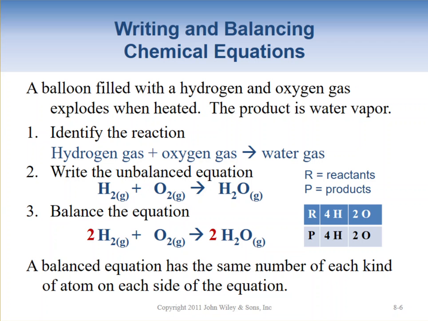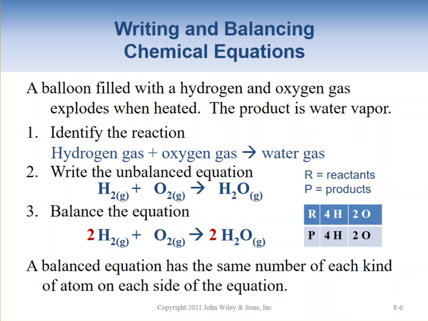Again, remember that when you're balancing, you're just changing the coefficients. The coefficients are called balancing coefficients. A coefficient is the number that comes before a chemical formula. Don't change the subscripts; subscripts we use to write the chemical formula. You just balance the number of atoms on both sides of the equation by using balancing coefficients.